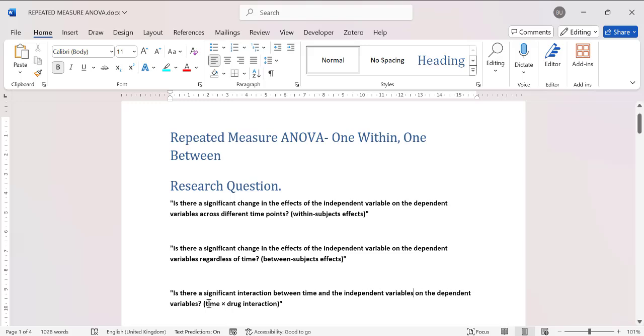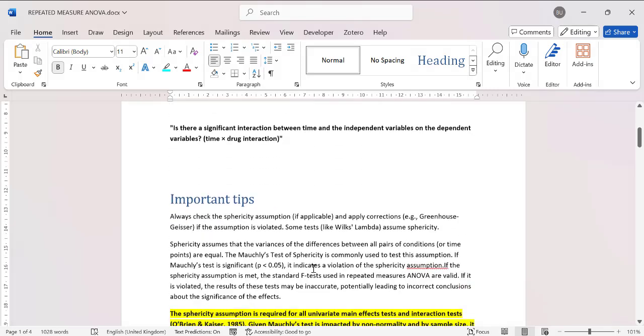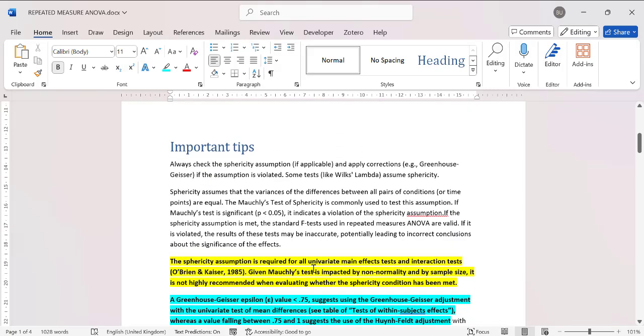So you're looking at the impact of the time-drug interaction on the dependent variable. This is the nature of the questions you can answer with repeated measure ANOVA, which is part of the general linear model.